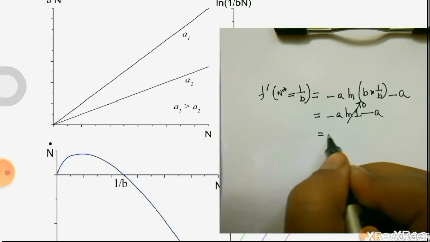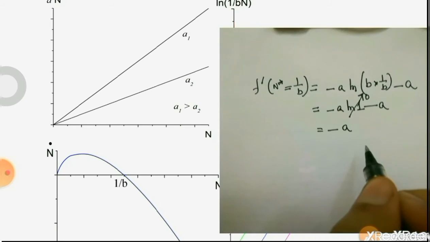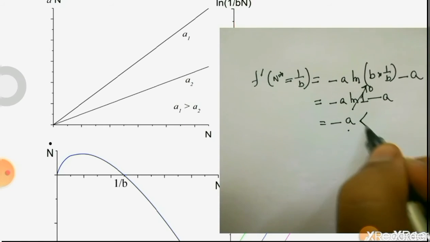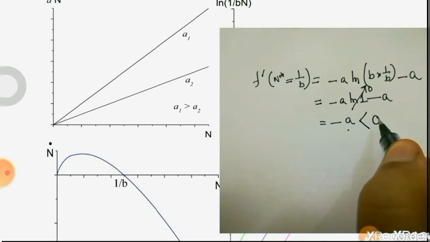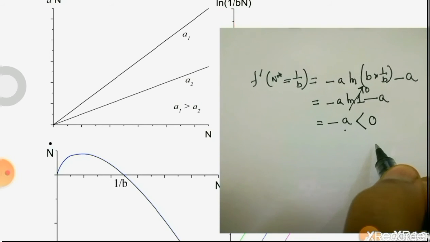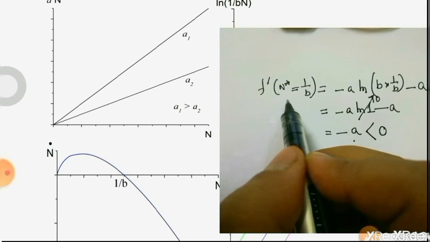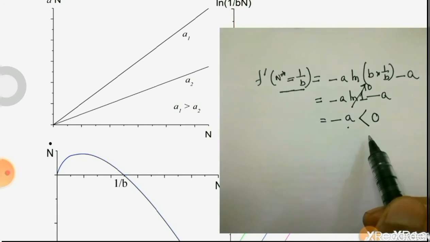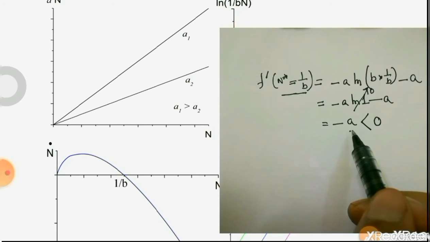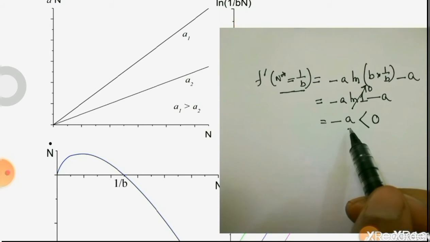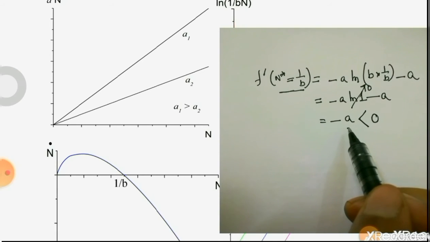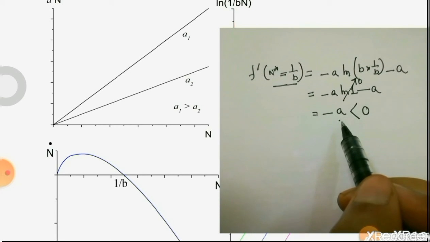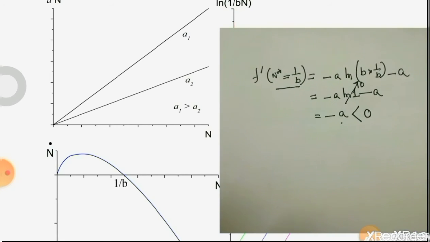Therefore, this will be equal to minus a, and since a is a positive quantity, this value is less than 0. Therefore, near this fixed point the perturbation will decay, so this will be a stable fixed point.